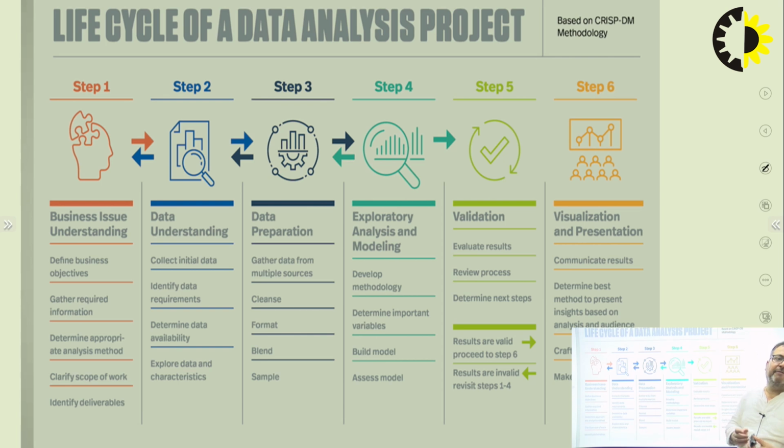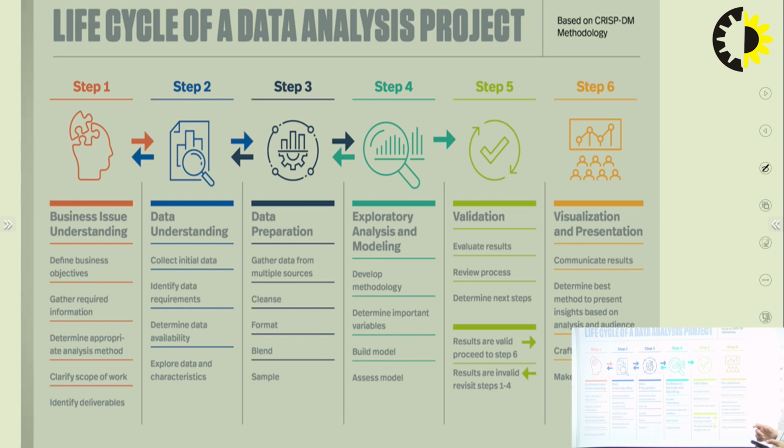If the results are invalid, then we revisit steps 1 to 4: business issue understanding, data understanding, data preparation, and exploratory analysis and modeling. The last step, step 6, comes after validation. Only if validation results are valid can we move into the phase of visualization and presentation.